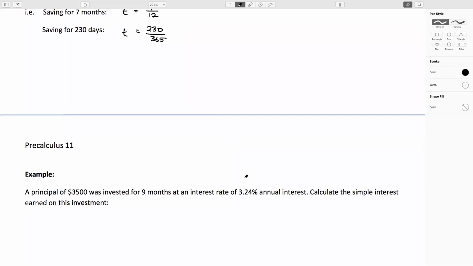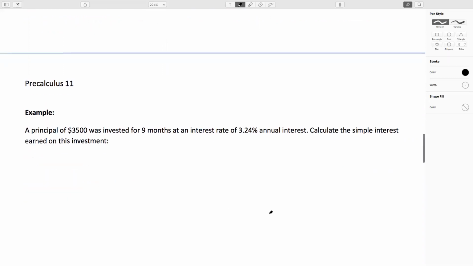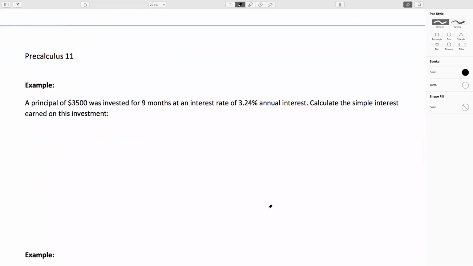A principal of $3,500 was invested for 9 months at an interest rate of 3.24% annual interest. Calculate the simple interest earned on this investment. So let's break this down. First of all, we've got a principal, P equals $3,500. We have an investment for 9 months, so a term T is going to be 9/12.